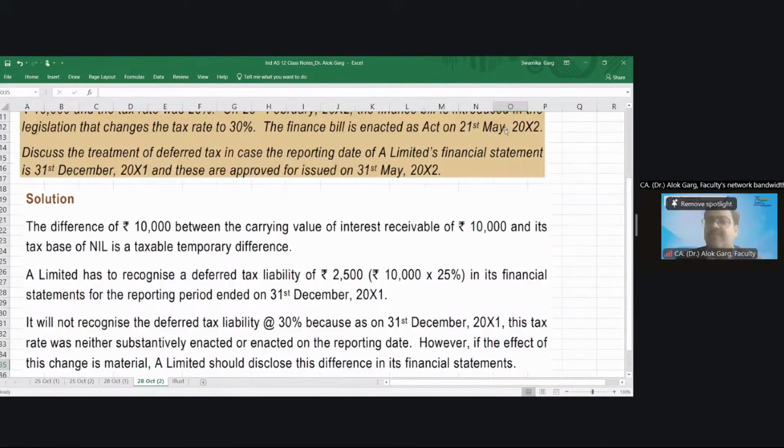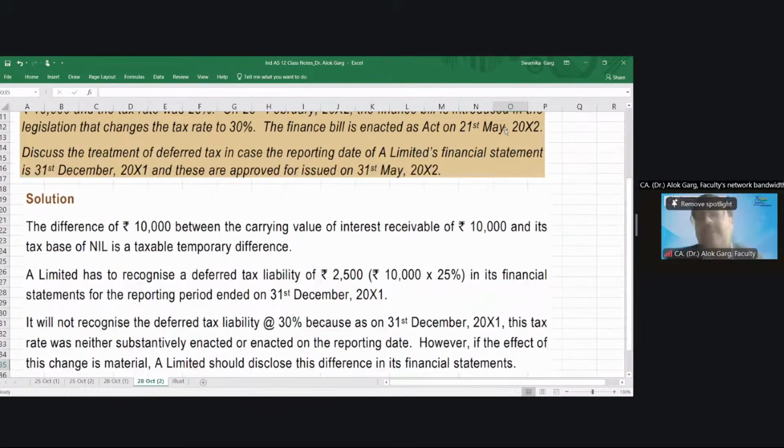Ind AS 10, you remember that? Yes, sir. In this case, this event is occurring after reporting date, even the event of announcement as well as enactment. So that is why you need to consider the rate which is prevailing on the reporting date.